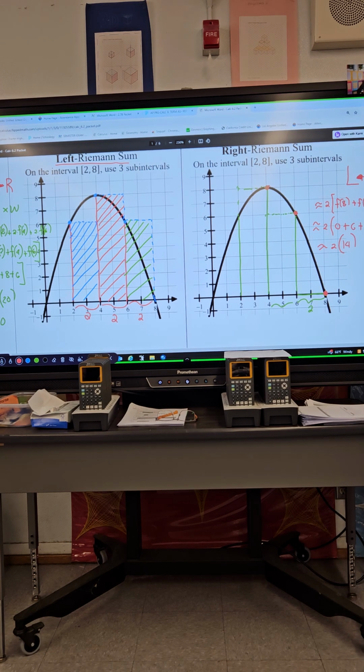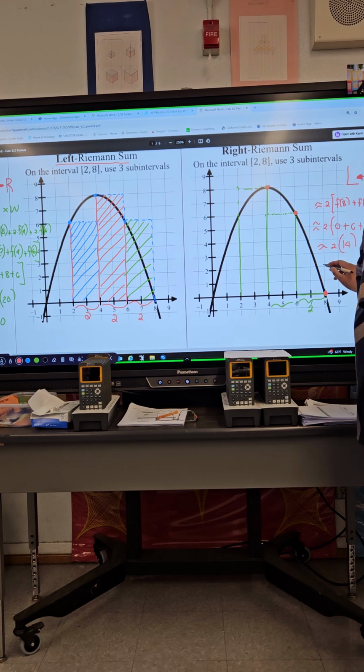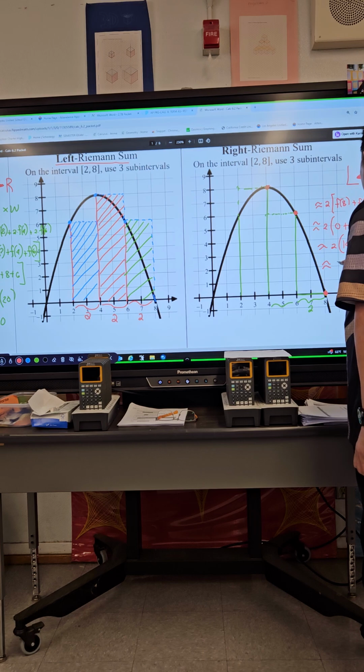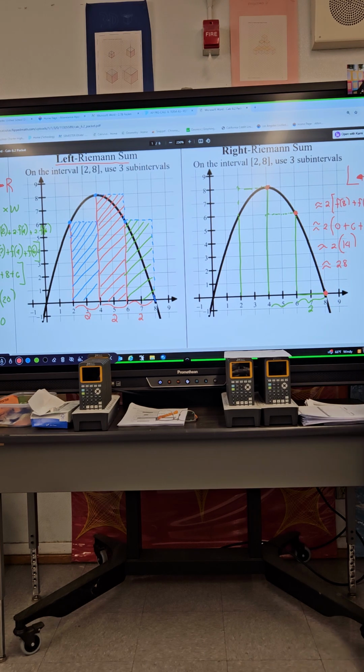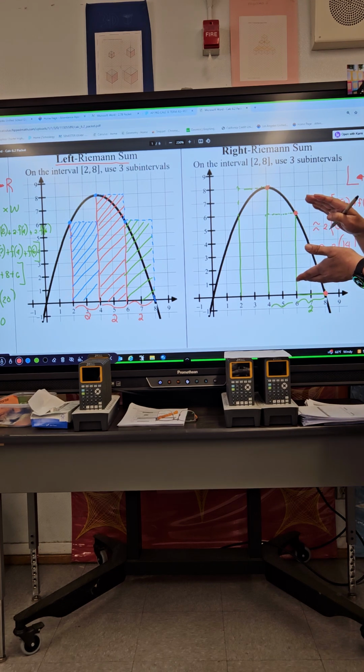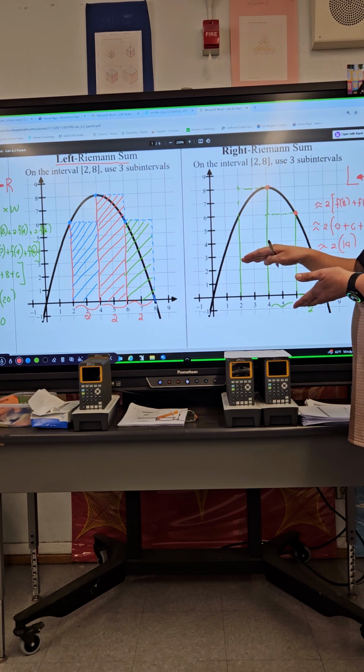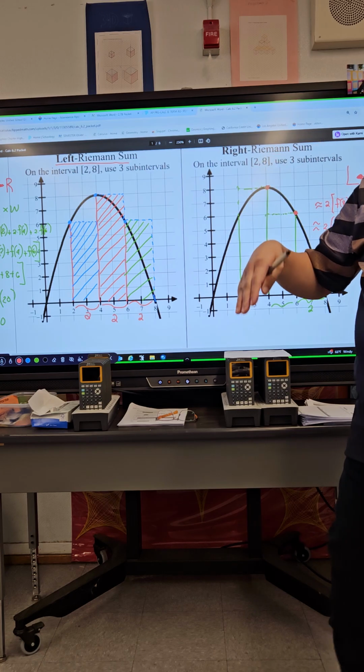So what is the area now? The area is 28. Approximately 28. Oh, that's better. You notice right here, guys. The next would be the midpoint Riemann sum and then trapezoid.